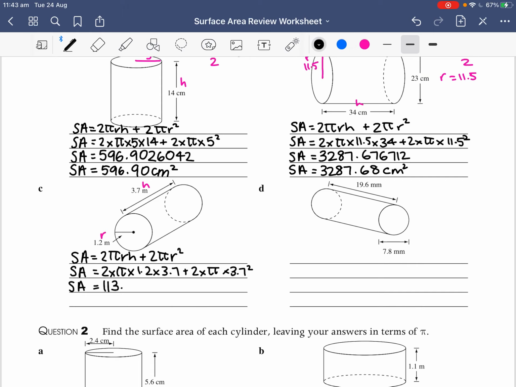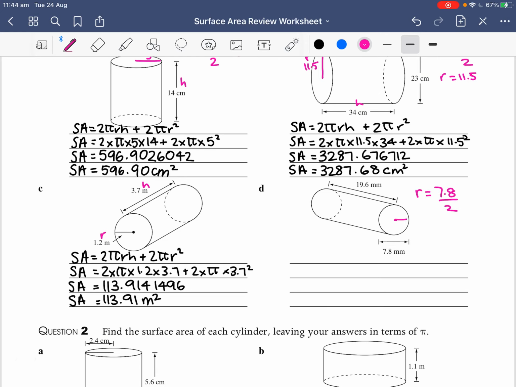In our calculator, we get the answer 113.914149, and to 2 decimal places, this is 113.91 meters squared.